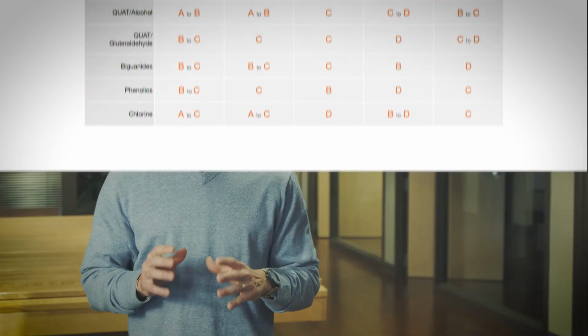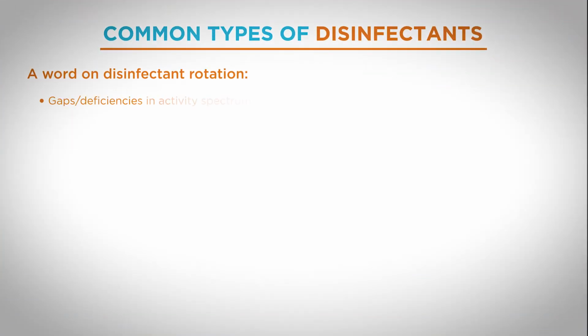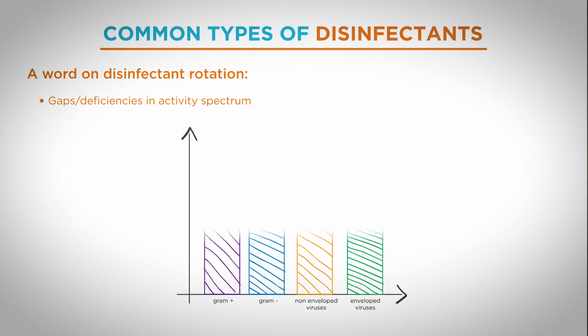So one topic which is always of high interest is the topic of disinfectant rotation. Disinfectant rotation is necessary where certain conditions are met by the actual disinfectant product being used. For example, when one uses a disinfectant that has a gap in the spectrum of activity, disinfectant rotation becomes a prudent practice. Let's take quats as an example.